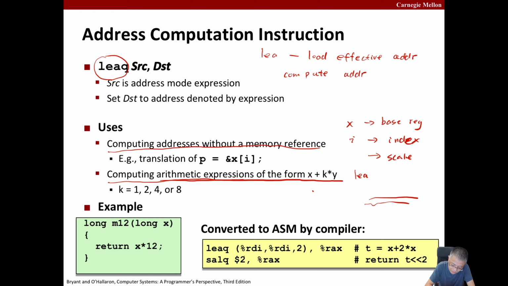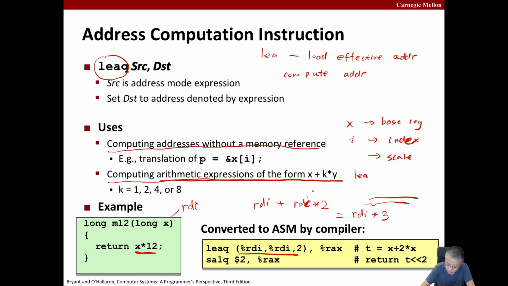So here we have an example. We calculate x multiplied by 12. The x is in the RDI. As we have mentioned, the first parameter is loaded in the RDI register. So we have RDI plus RDI multiplied by 2, so now we have RDI multiplied by 3.